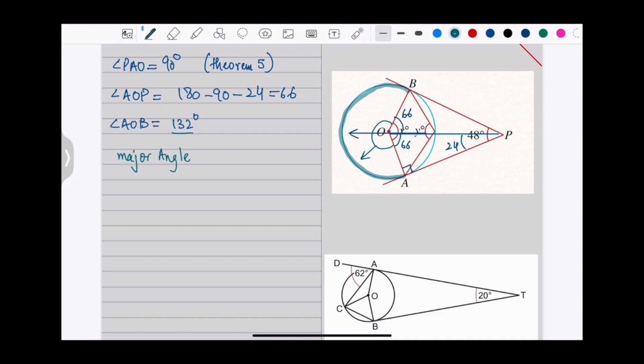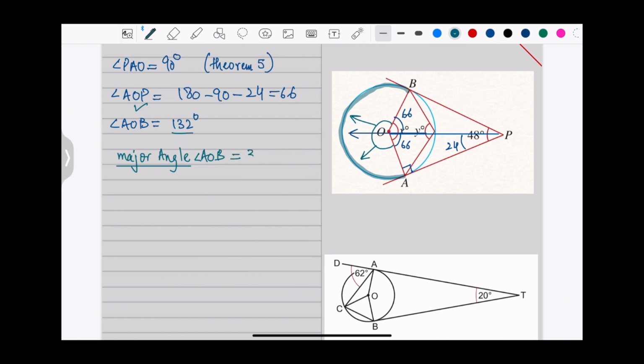now as you can see, I am finding angle AOB, the same angle. Here it was 132, but I'm writing to identify that I'm finding the major angle, which is facing the major arc. The other angle is also AOB, but it's a minor angle because it was facing the minor arc.